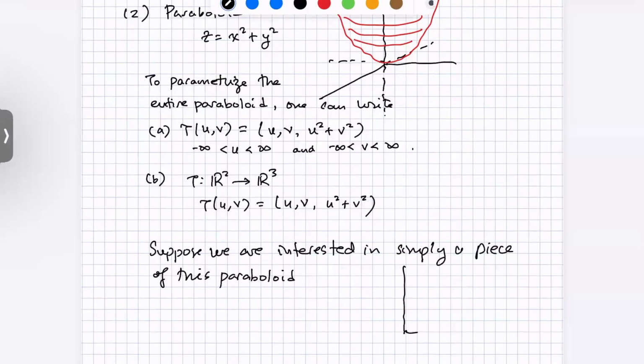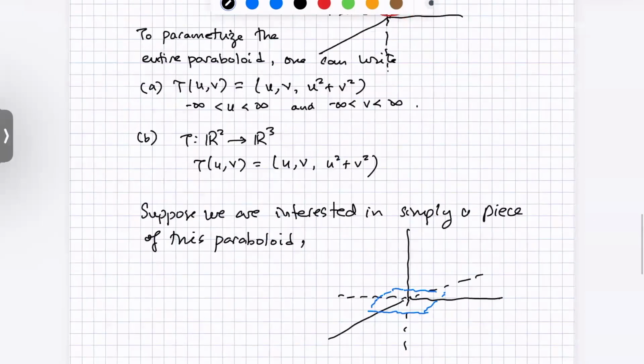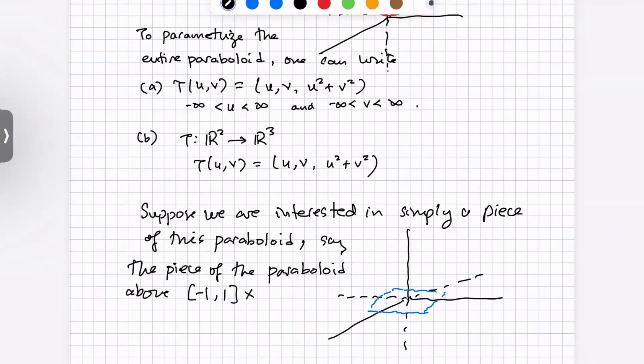Suppose we were interested in the paraboloid, but we're only interested in the paraboloid above, say, a square. Say I have a square. Okay, so say the piece of the paraboloid above, say, -1, 1 cross -1, 1.